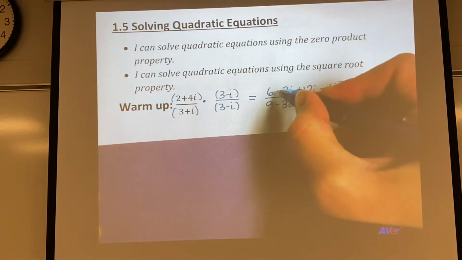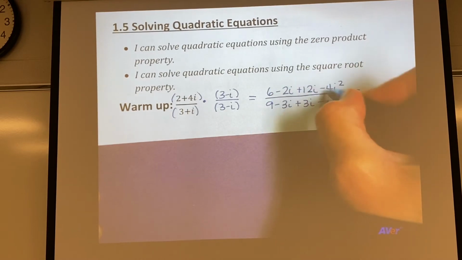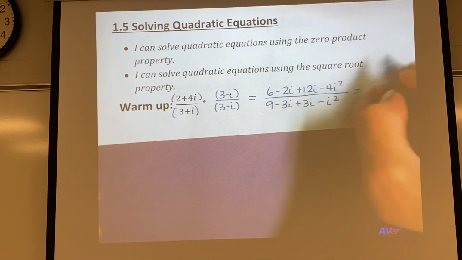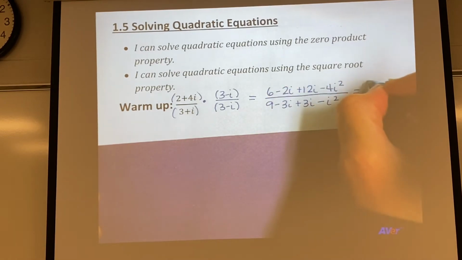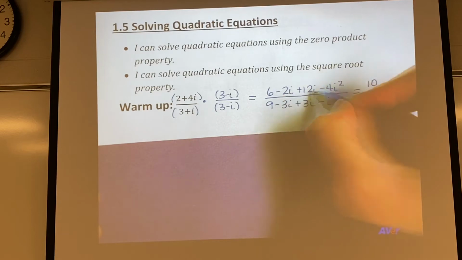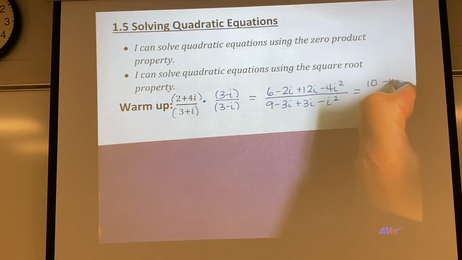Simplifying that, we can take the 6 plus this value. Remember, i squared is -1, so i squared being -1 times -4 gives us a positive 4 right here. So 6 and a positive 4 is 10. -2 and 12 would also be, oops, positive 10.